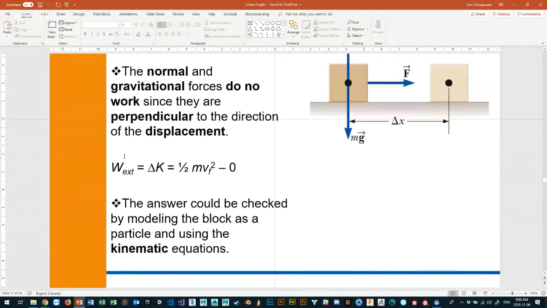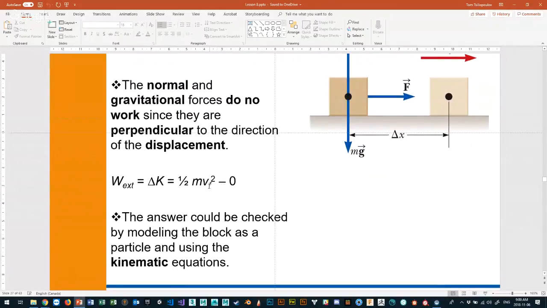Again, we can say that the external work is the change in kinetic energy, which is 1/2 mv squared final minus 0, because originally there was nothing. Remember, it's kinetic energy final minus kinetic energy initial, and that is the work that's being done externally to the system. The initial energy was 0, so all we care about is the final energy, which is 1/2 mv squared. Okay.